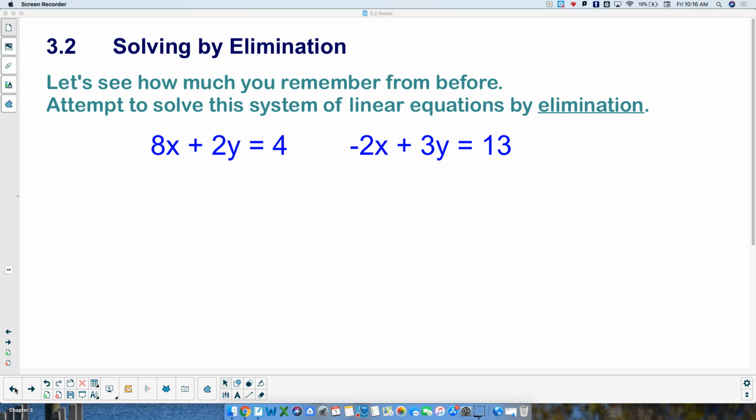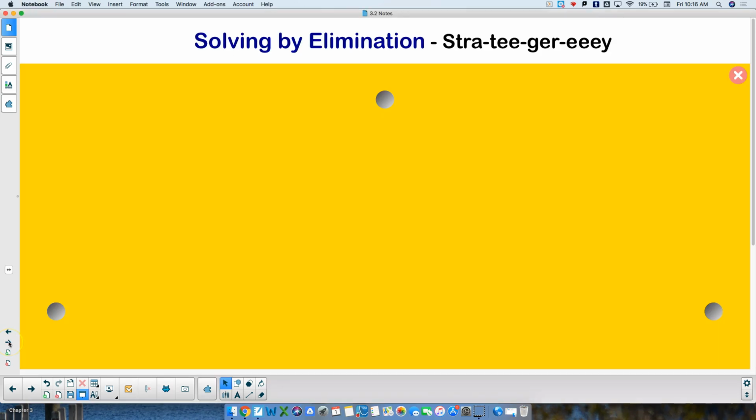So if I were to solve by elimination, what is the very first thing that I have to do? What's the very first thing in order to do elimination, or in order to utilize this tool?